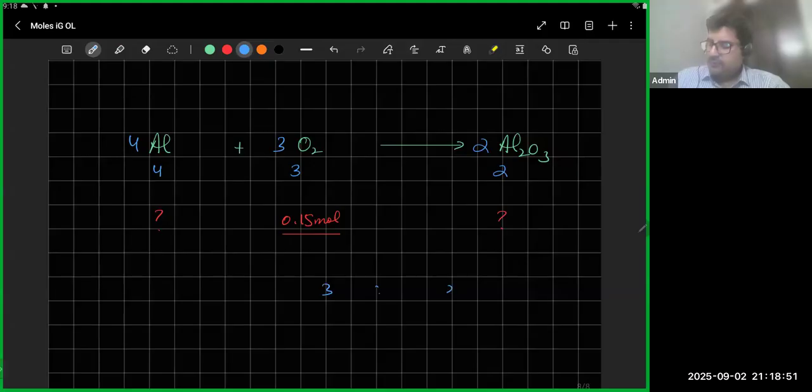So 3 produces 2. So if you have 0.15, it will produce X on the other side. You're going to cross multiply, and the answer would come out to be 3x is equal to 2 times 0.15. Take the 3 to the other side. What value do you get for this?